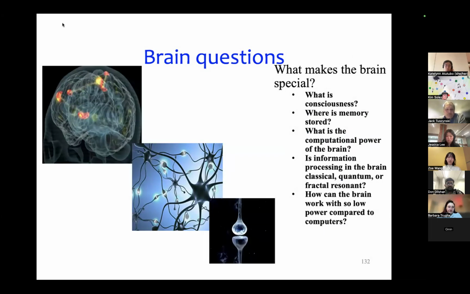Now let's zoom out a little bit and look at the brain questions from the point of view of quantum biology. So there are big questions, and here you have some sort of illustration of the organization. It's a synaptic connection, and microtubules will be way smaller than this, inside dendrites and axons, as you saw.